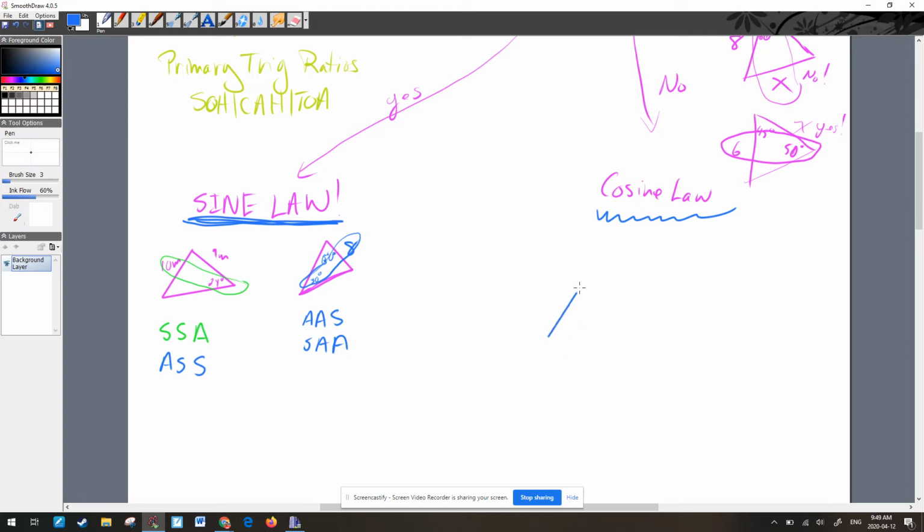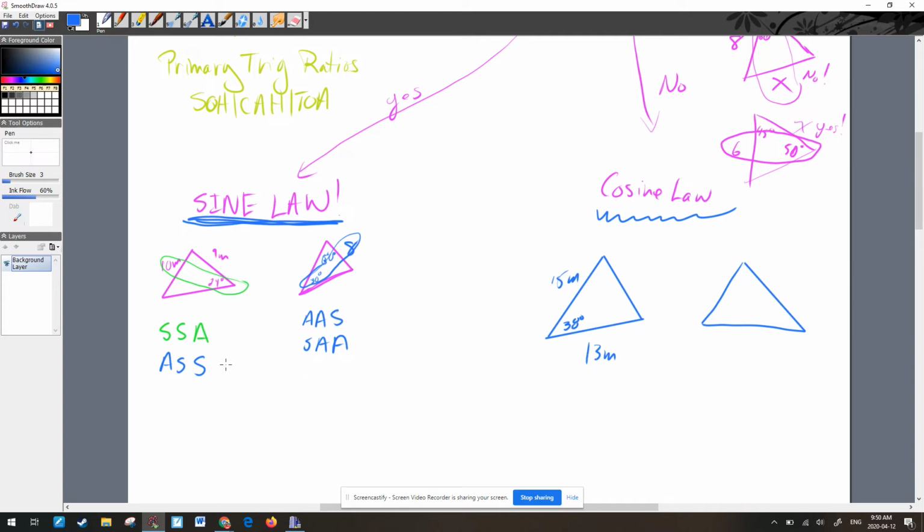If I draw a couple of different versions, there's really only two versions that we can use the cosine law effectively for. So for cosine law, if we know that this is 15 meters, this is 13 meters, and this is, I don't know, 38 degrees, sometimes people call it an angle sandwich because it's an angle in between two sides.